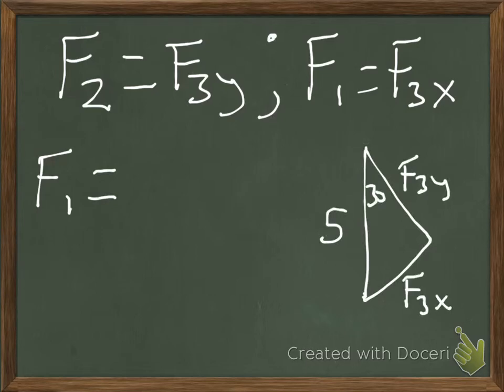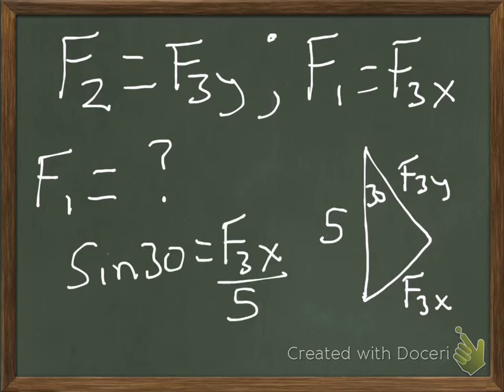If we look at our equation at the top, F1 equals F3x, so it equals this component. If we can calculate that component, then we can calculate F1, because it's the same thing. We can use trig to find F3x, and we're going to use the sine. So the sine of 30 degrees is equal to that component divided by 5.